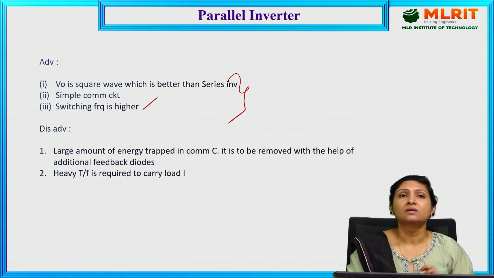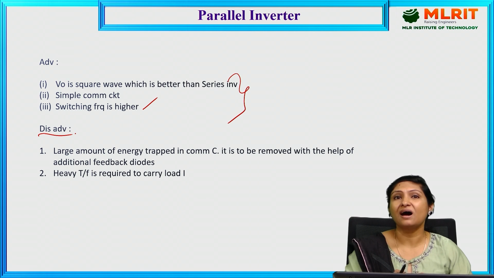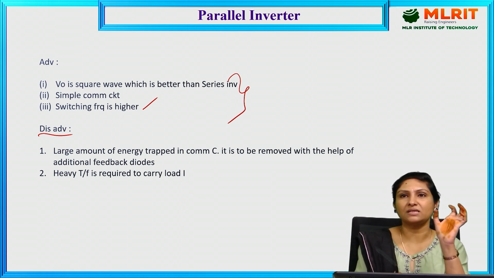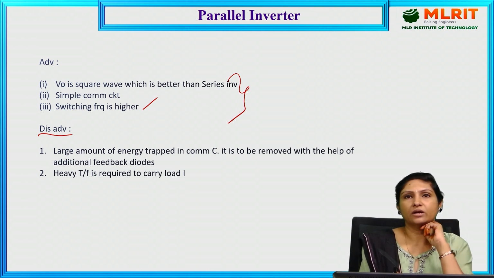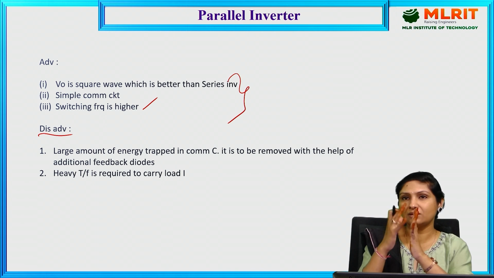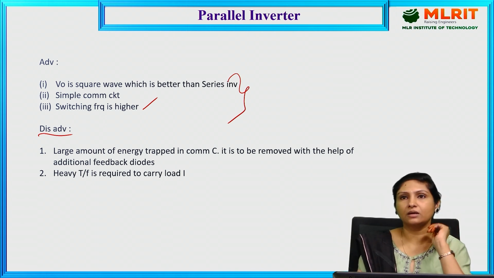Coming to the disadvantage part, a large amount of energy will be trapped in this capacitor, which we use as a commutating component. This trapped energy needs to be removed with the help of additional feedback diodes.